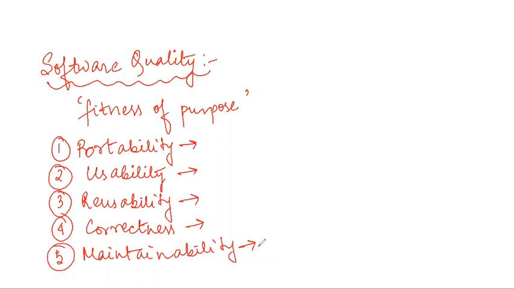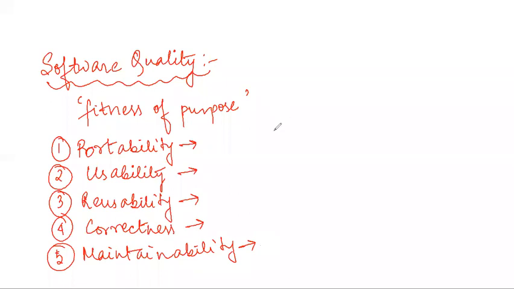If we can add new functionalities, modify our existing functionalities easily, and when we see some errors occurring, we can recheck and make the code better, then we can say that yes, this software product is maintainable.